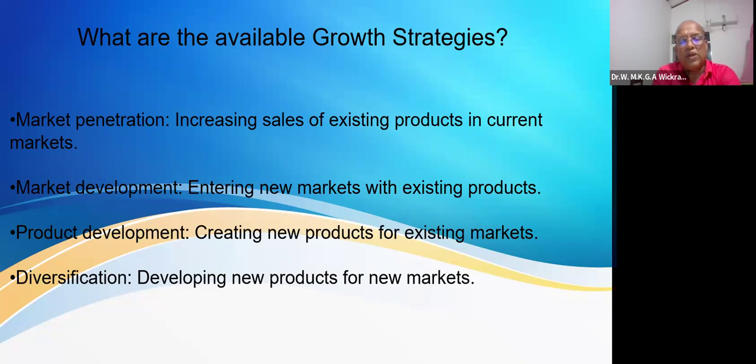So detail you can obtain from the web. The only thing in the exam, sometimes I will ask what are the growth strategies available and the Ansoff matrix. Then you can explain. This is homework.